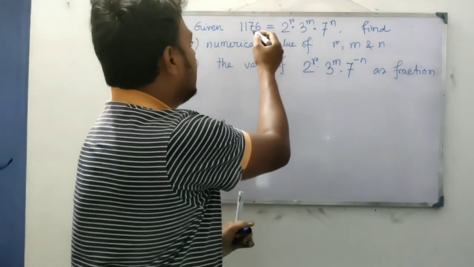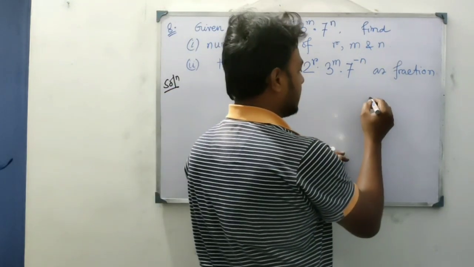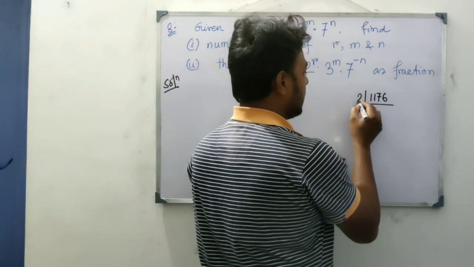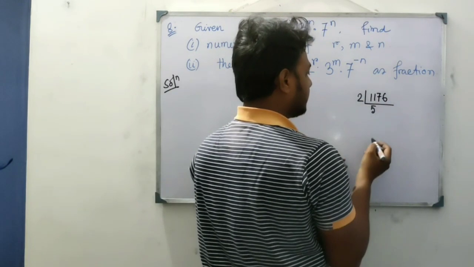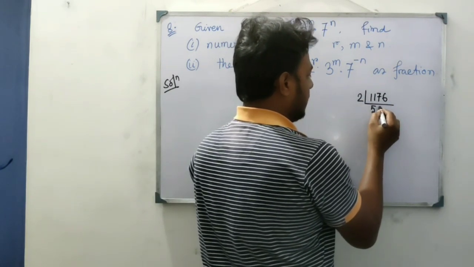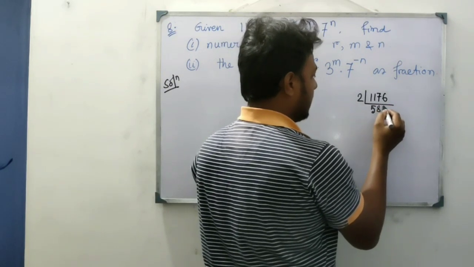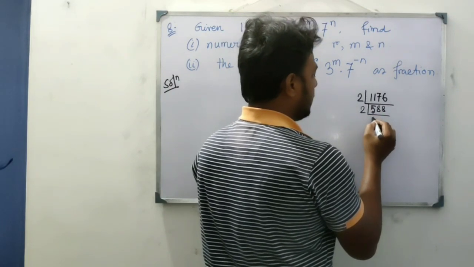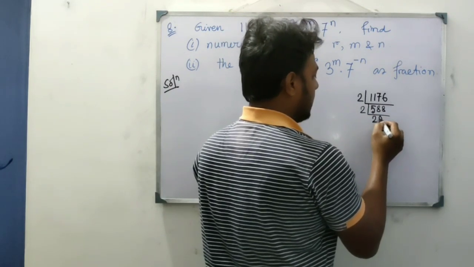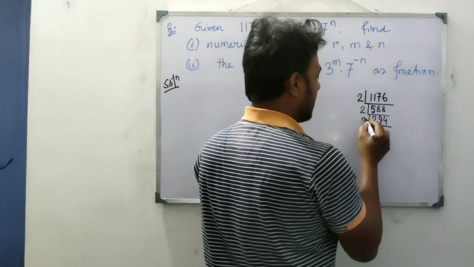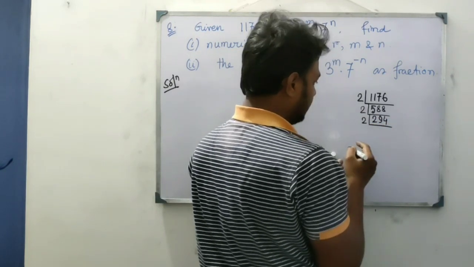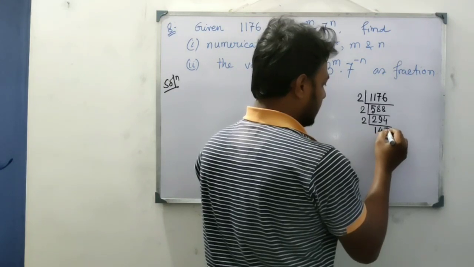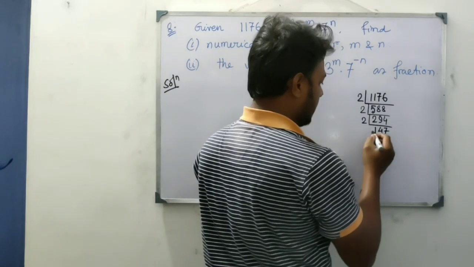So first I will factorize 1176. Divide by 2, then 588; divide by 2, then 294; again by 2, then 147; then 7 into 21, then 7.